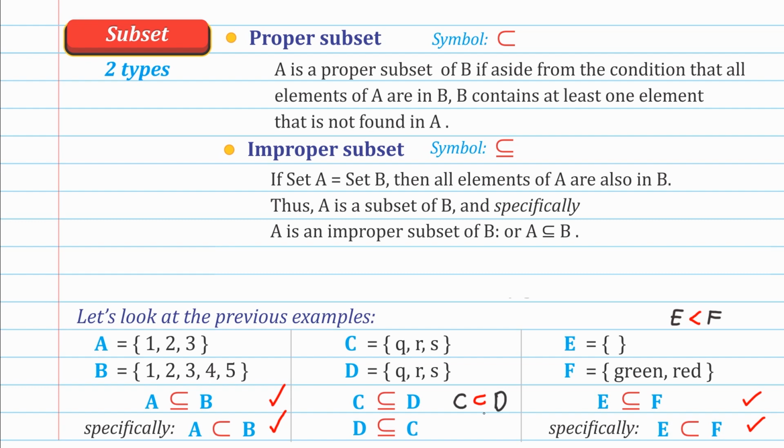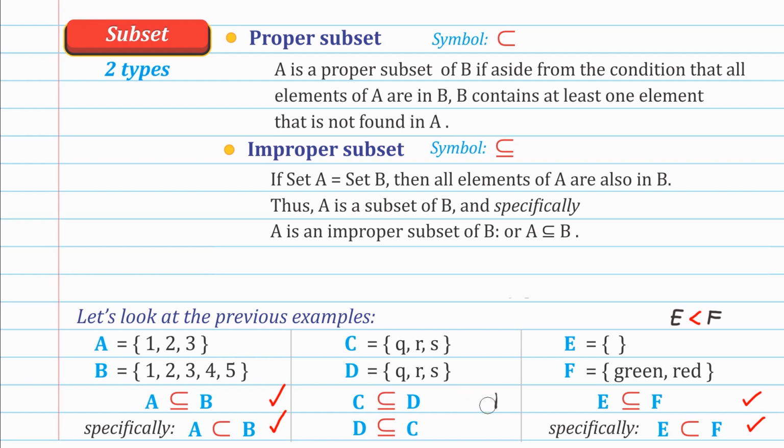Because C, take note, is not less than D. They are actually equal in number. So this is not a proper subset, it is actually an improper subset. C is an improper subset of D. Clue in this case, parang equal sign, ano? So C is sort of equal to D.